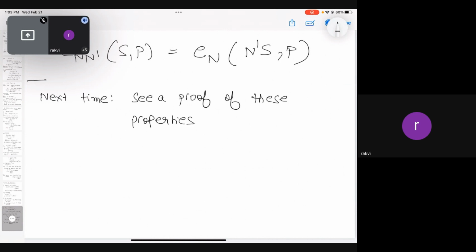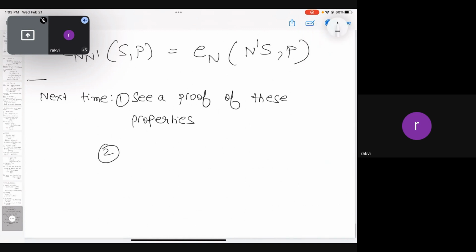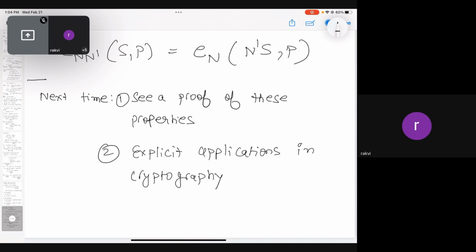Proving these properties shouldn't take much time. Then we'll see some explicit applications in cryptography, like how we can construct these functions g and everything, and what we do with it. So that sort of a thing.